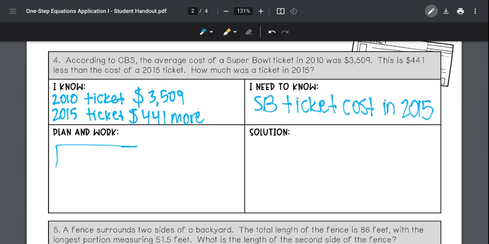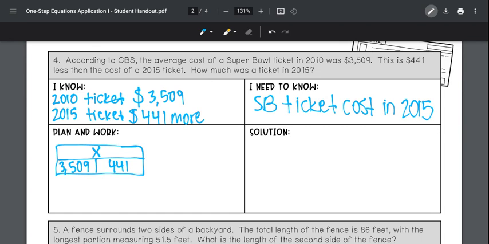Okay, so if I make my little chart to help us, we know that in 2010, the average cost was $3,509. We also know 5 years later, the tickets on average are $441 more. So our X, our unknown, is the total cost for that specific year, 2015.